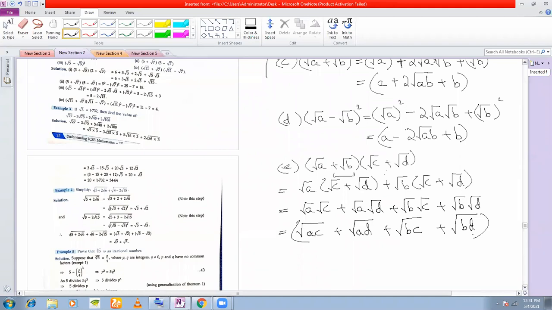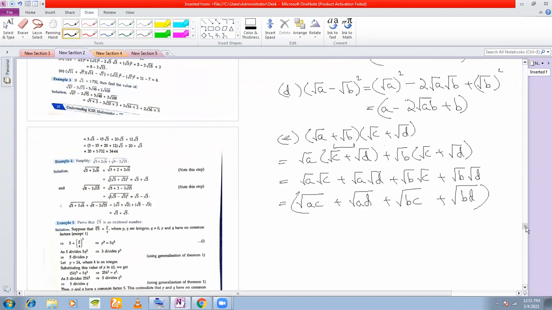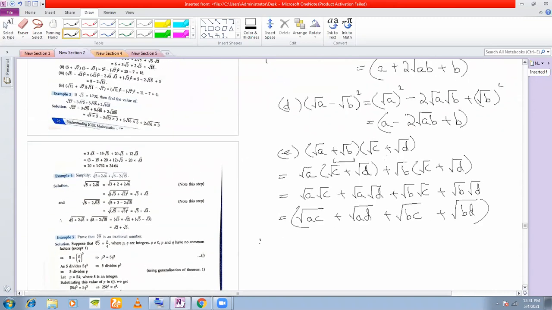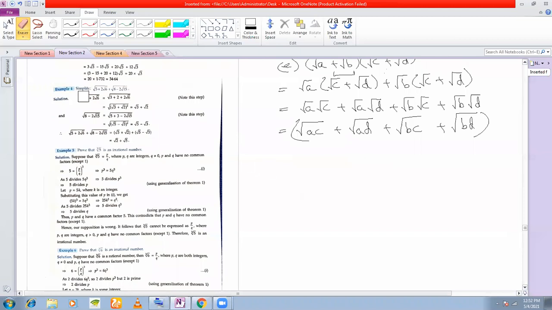Okay, let us now see the next part. Next part is more of a statement. This is something you have to remember actually. You cannot work it out. The remark here is fourth.